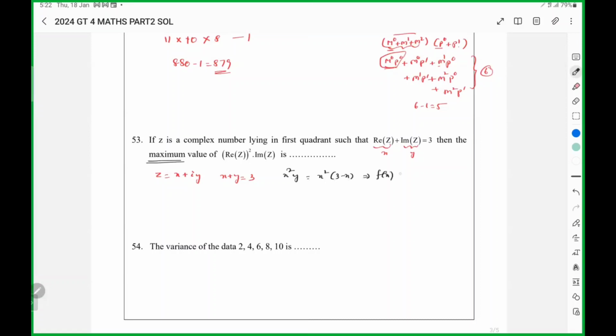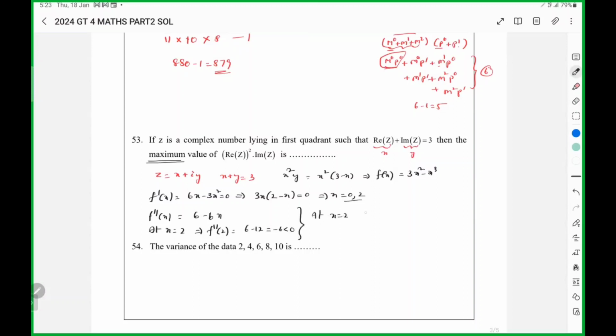So f of x is 3x square minus x cube. f dash x, so x here is 0 comma 2. f double dash x will be negative at x equal to 2, so at x equals 2 the function has maximum.